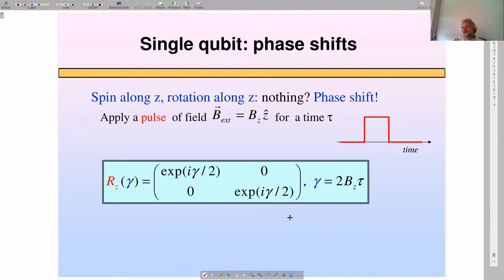In this case, it does not change the moduli of alpha and beta, the coefficients of the superposition, but it changes their phases, their mutual phase. That's why this rotation is called a phase shift. So even if the spin is in this direction, and you rotate this, something has changed. There's a phase shift accumulated for the state.